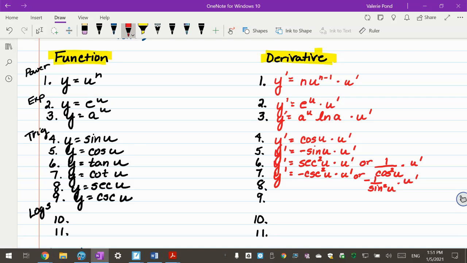Going on to the next line: I got cosine, tan, cotan. Secant of u is next: y prime is secant u tan u times u prime.